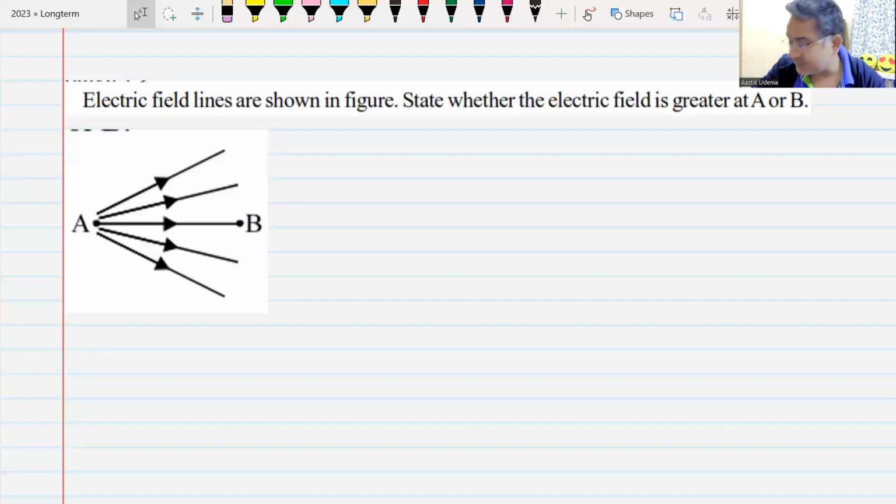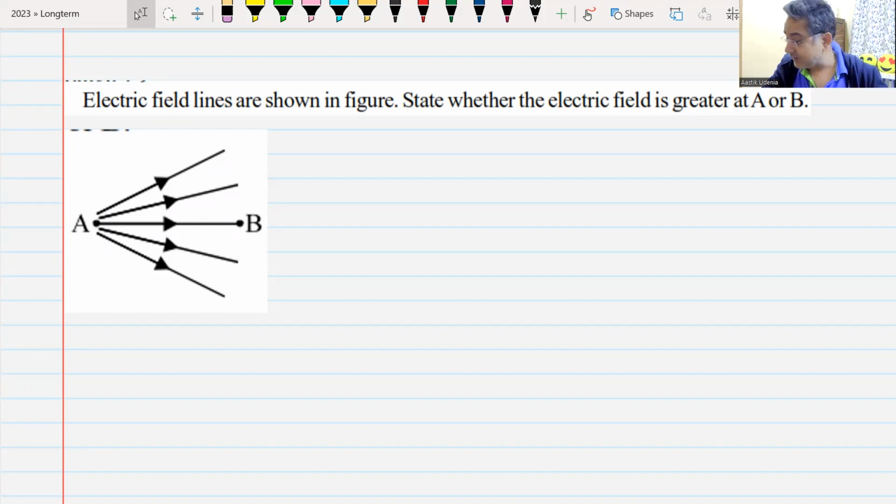Then this is the next question, sir. Electric field lines are shown in the figure. State at which point the electric field is more. At which point is the electric field more? At point A, sir.